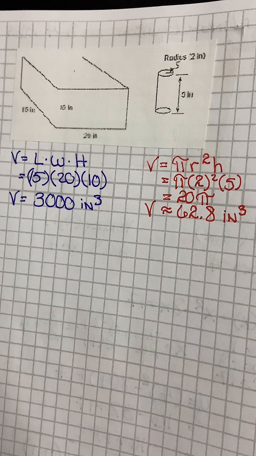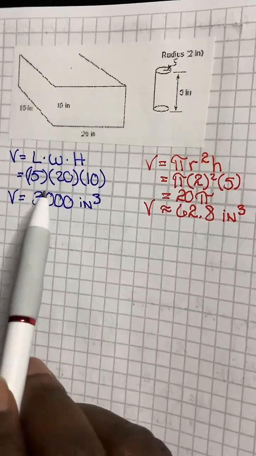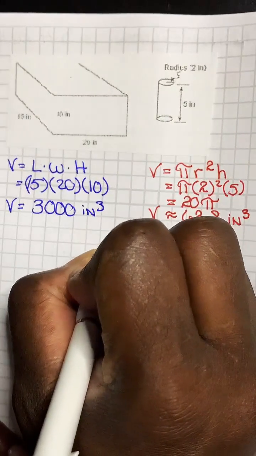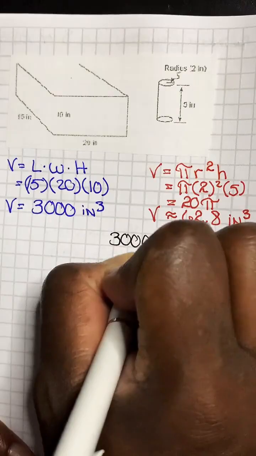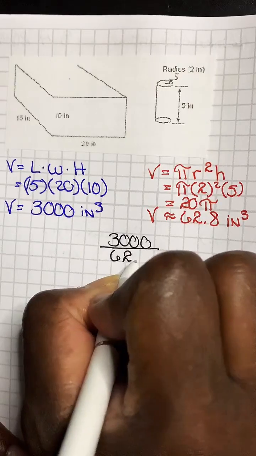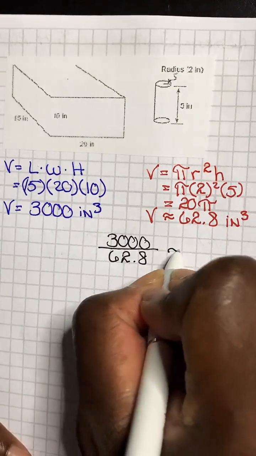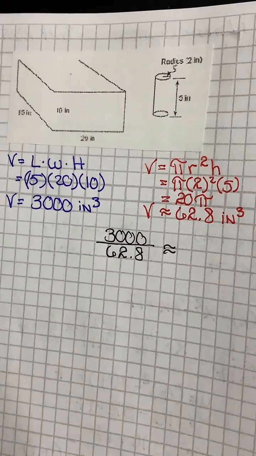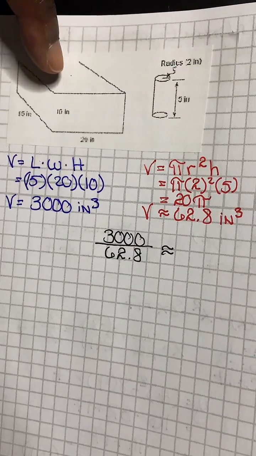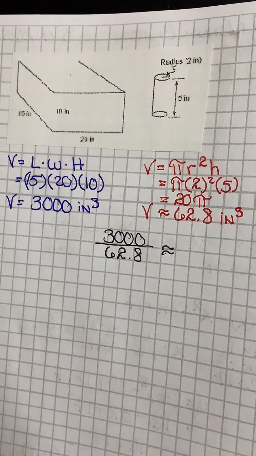We're going to divide. Yes. Okay. So we're going to do some division. We need to take our 3,000 and divide it by the 62.8 to see roughly how many whole cups of water need to be used to fill this without overflowing.